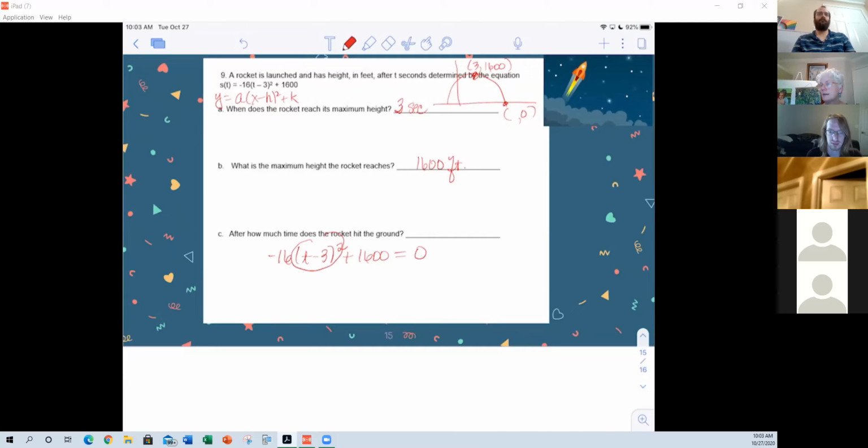Don't do that, because you can see that right here, we have one x, or one variable term. So that means that we can use the square root method. What would be the first thing we would do in order to solve by the square root method?